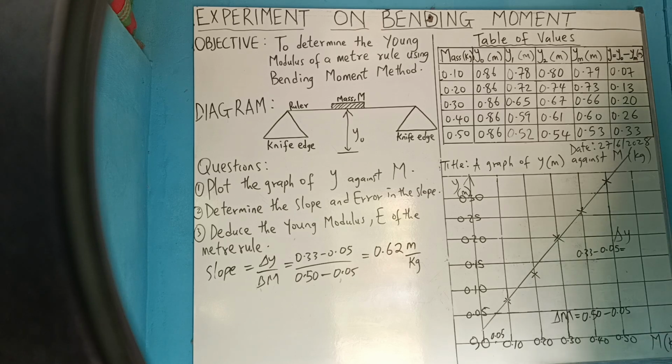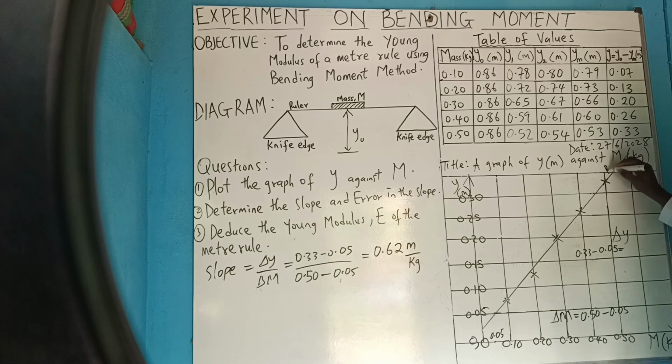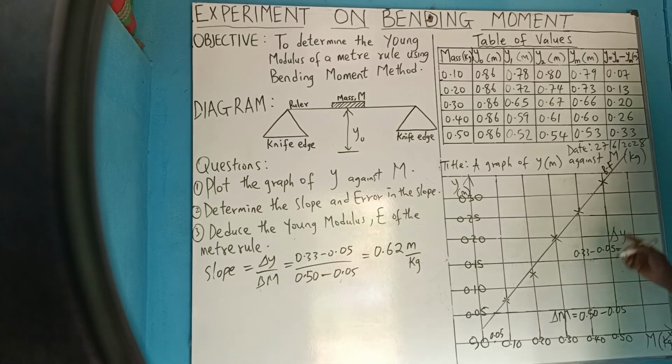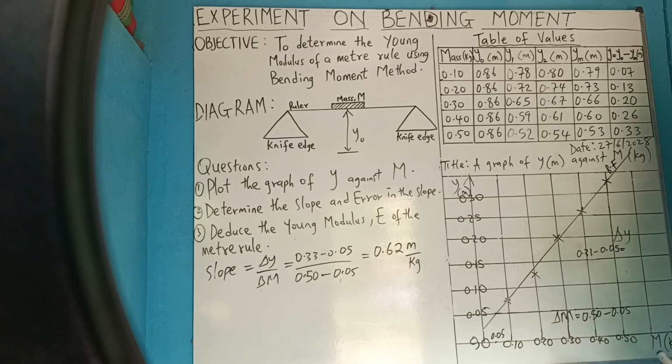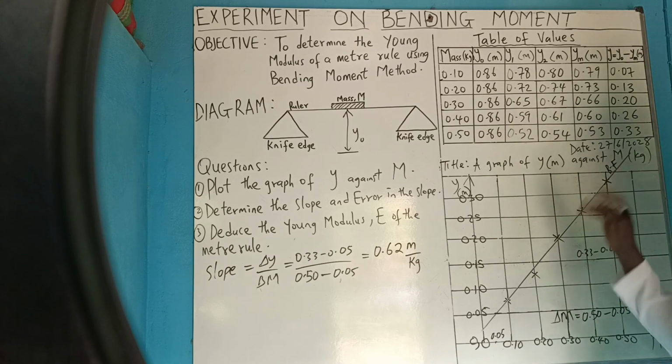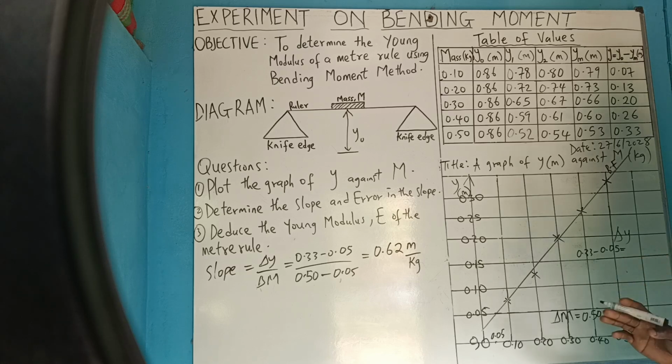There are many ways of finding error in slope. One of the ways you can use is to call this line slope of best fit, so you have to get the slope of worst fit. How do you get the slope of worst fit? This method of finding error in slope is the use of slope of best fit minus slope of worst fit, to get the modulus of it. It is one method. Another method is use of vertical scatter principle.